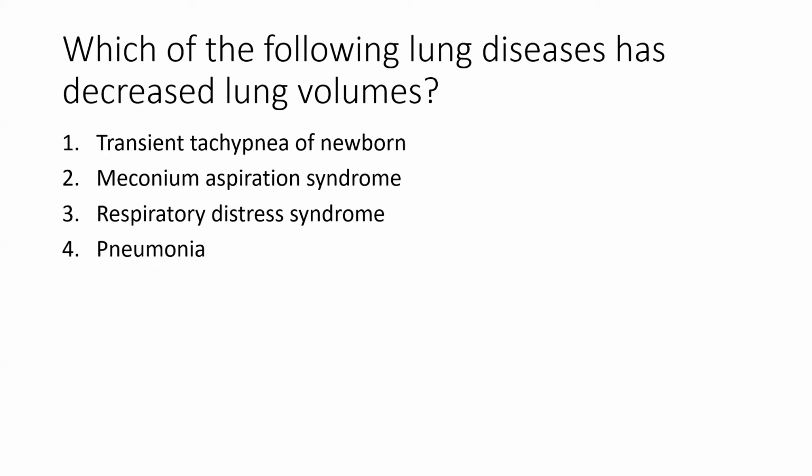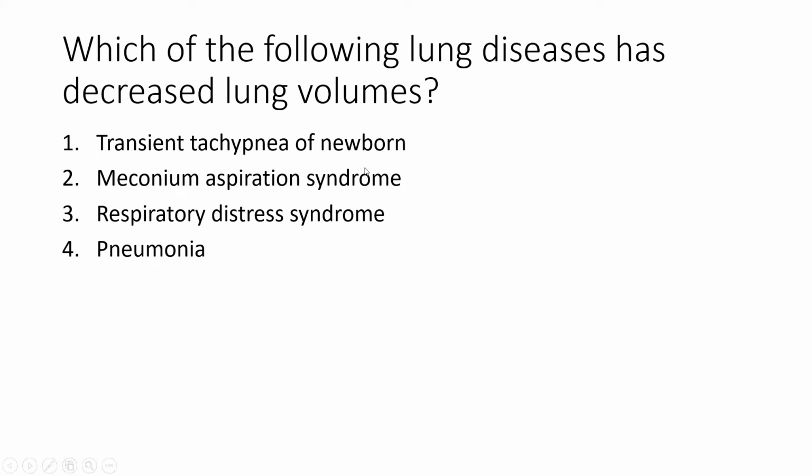One of the first things which has to be noted is lung volume, right? So transient tachypnea of newborn, pneumonia, and meconium aspiration syndrome all will present with increased lung volumes.